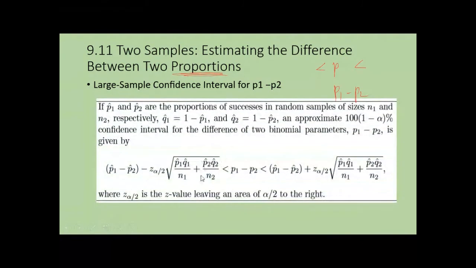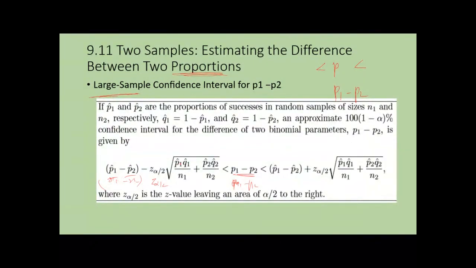It is slightly different from our formula for two means. Instead of mu1 minus mu2, we have P1 minus P2. Instead of x1 bar minus x2 bar, we have here P1 cap minus P2 cap. Z alpha over 2 is the same for large samples.